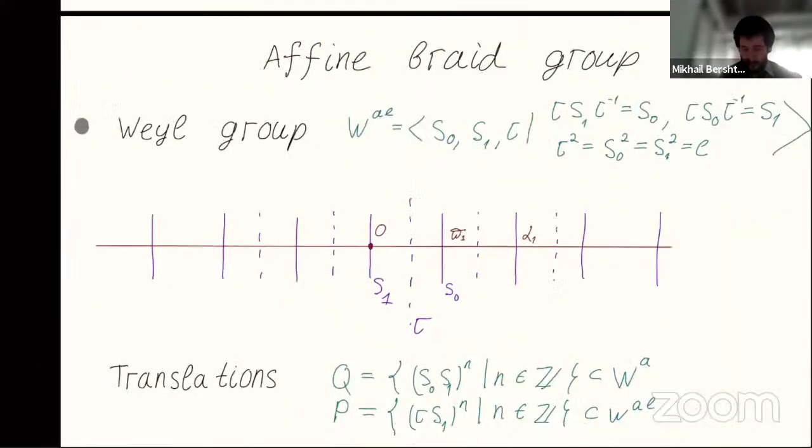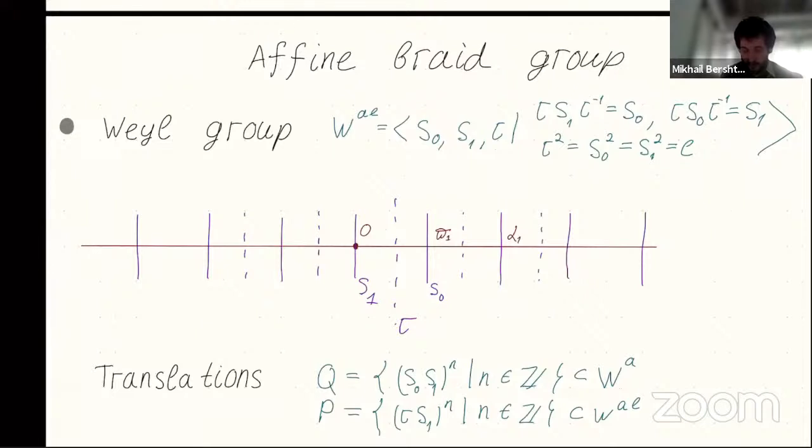As I said in the last lecture, in this group we have a subgroup of translations. In the affine, not extended, affine group generated by S0, S1, this group corresponds to the root lattice. In the extended one, it will be the weight lattice. So the generators are S0 S1 and tau S1.